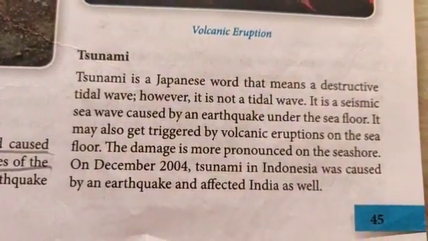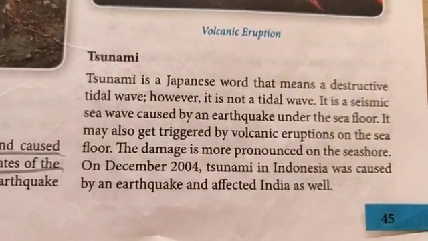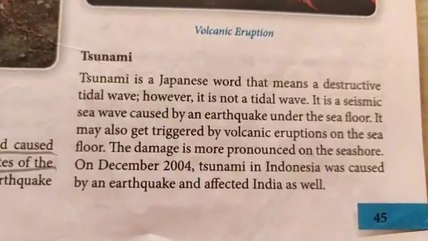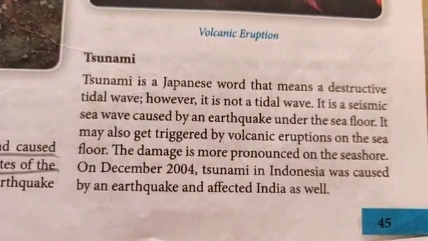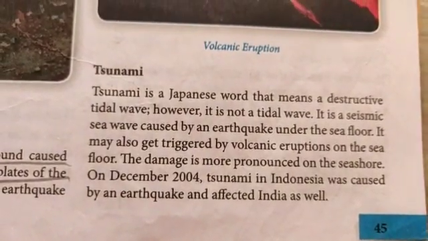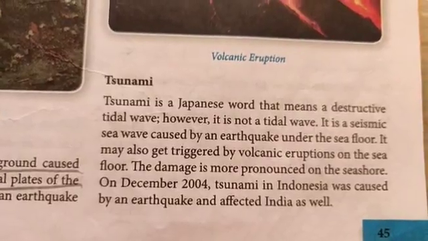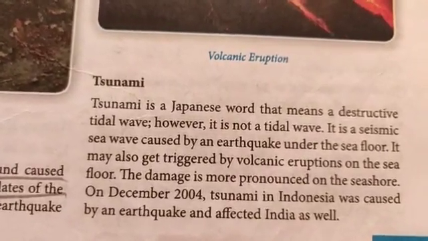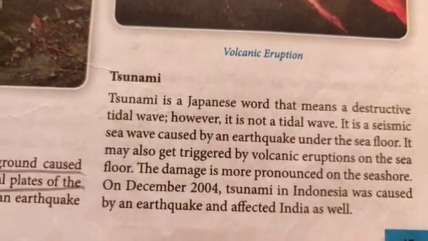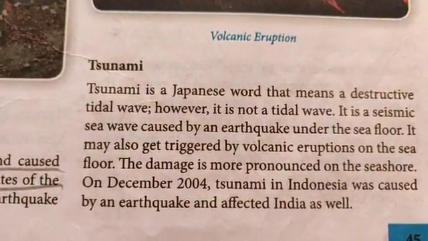Now generally what happens, children, the water in the sea gets drawn back towards the sea from the coastal areas, and then it starts building up into a huge wall of water, and when it cannot go, it loses its power, it rushes towards the coastal regions and destroys each and everything in its path.